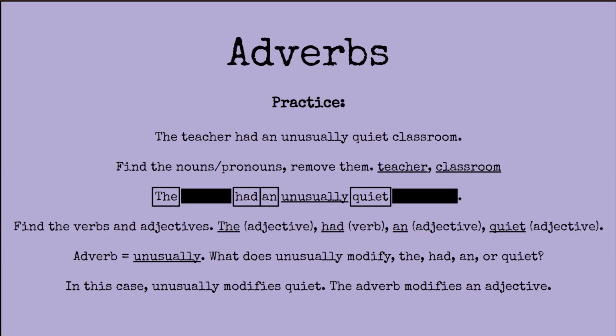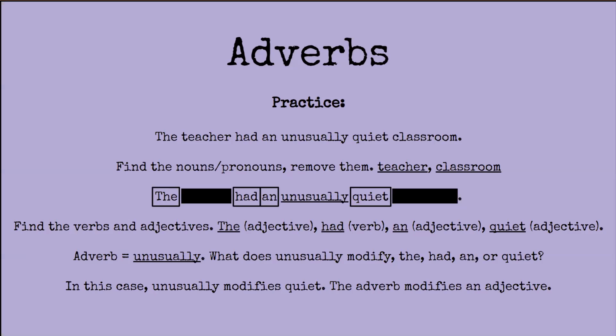Most of you identified the word unusually as the adverb, but you struggled with what it was modifying. So remember the rule that I talked about last question. If it is directly in front of an adjective, it means that it could possibly be modifying that adjective. Well, in this case, it is in front of an adjective, the adjective quiet. Now, more than likely, it's not going to modify the or an.